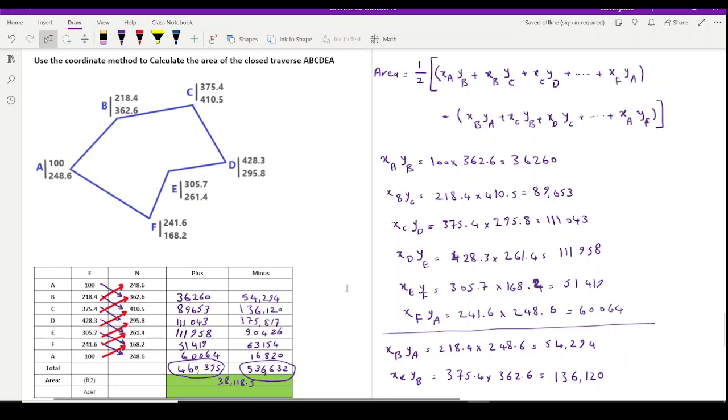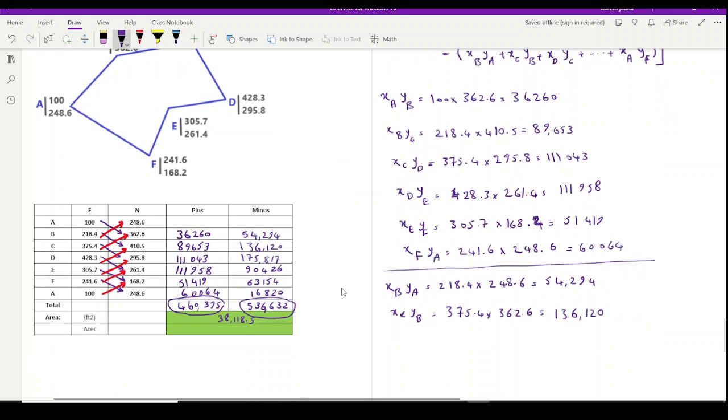If you divide it by 43,560, you will get it in acres, which is around 0.88 acre.